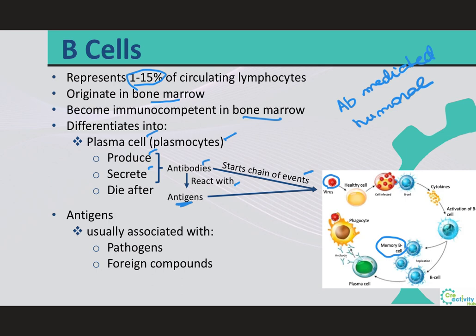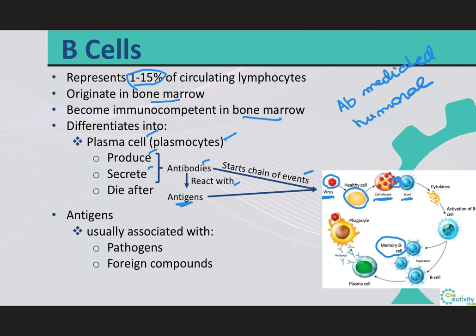We do have memory B cells that will become activated only if the antigen appears in the body at a later date. This mechanism is similar to the mechanism for the memory T cells that we have already talked about. So let's see how this mechanism occurs. Basically, you have a virus circulating in the blood, and it will infect a healthy cell. Then it becomes an infected cell, which will find and bind a B cell.